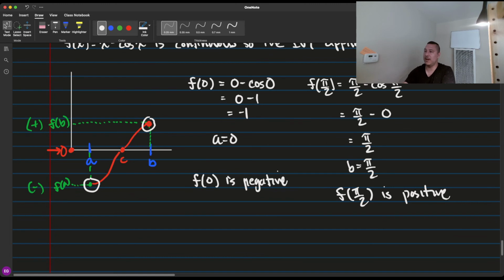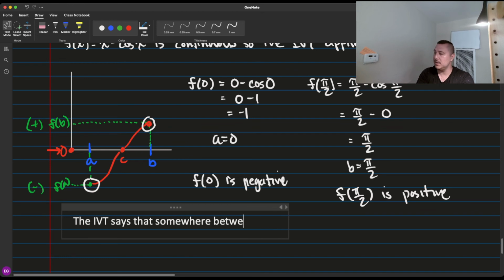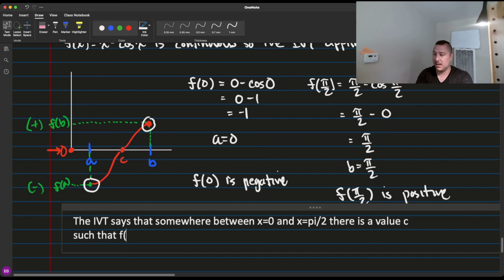Now, the intermediate value theorem says that somewhere between x equals 0 and x equals pi over 2, there is a value c such that f of c equals 0, the 0 that we wanted. Why? Because between any positive and negative y values, 0 is between them. The intermediate value theorem assures us of this.